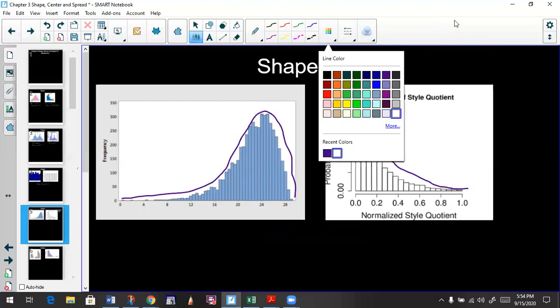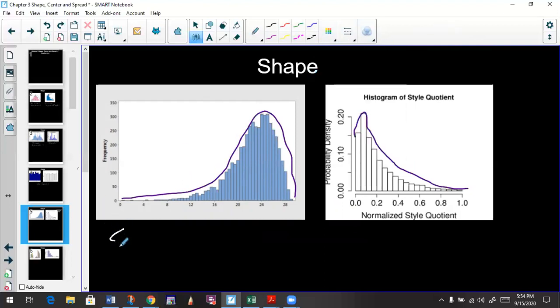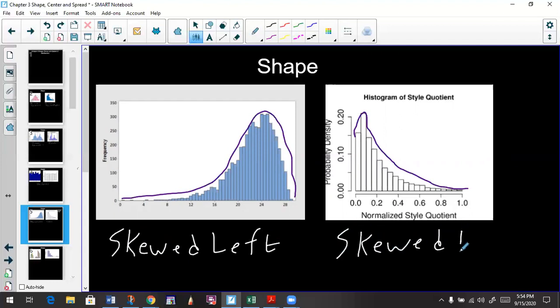So again, another example of skewed. This one would be skewed left and skewed right.